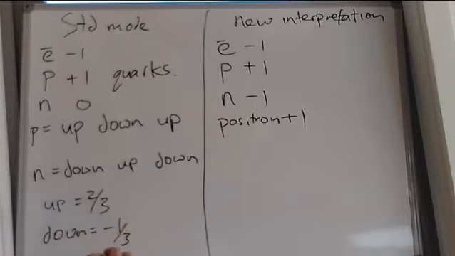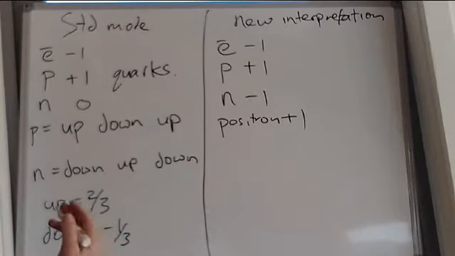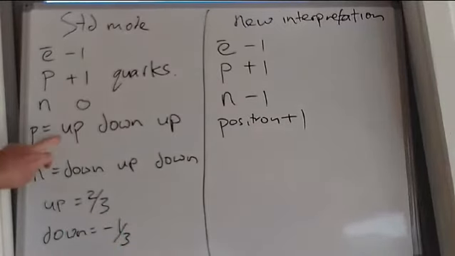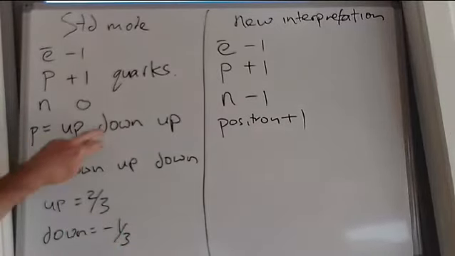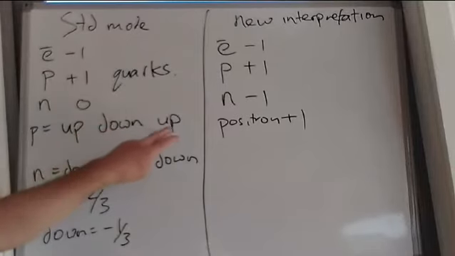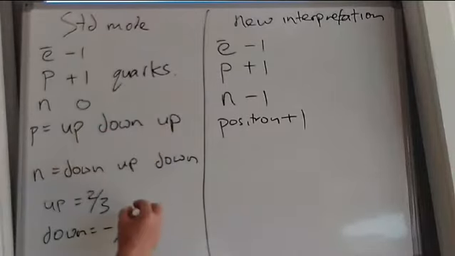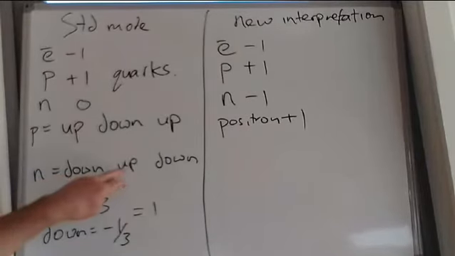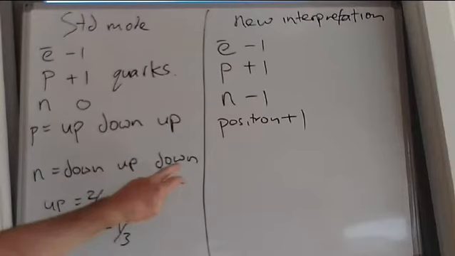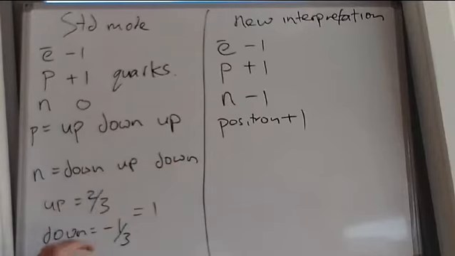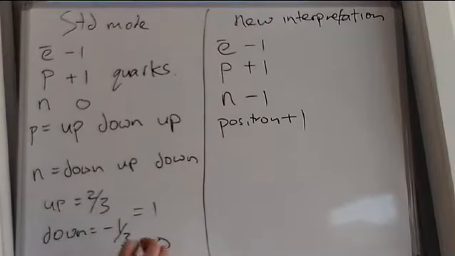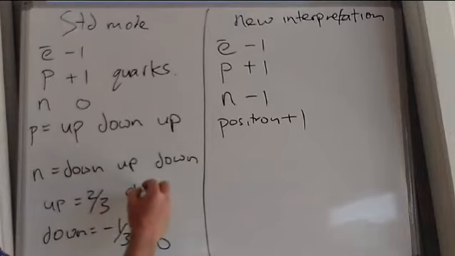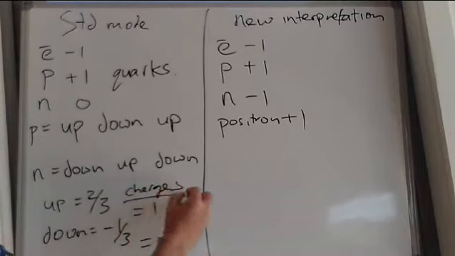This is for charge calculations, where up plus down plus up equals 1, down plus up plus down equals 0. Okay, so they're the charges based on these calculations of adding.